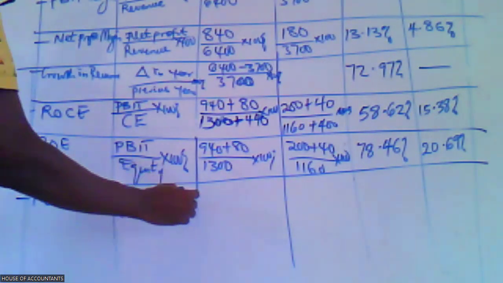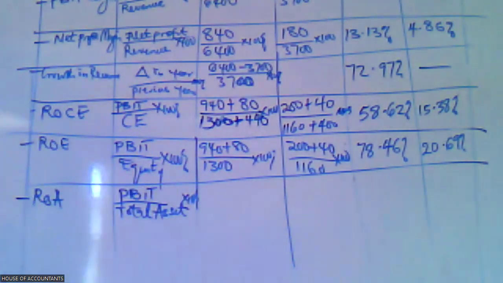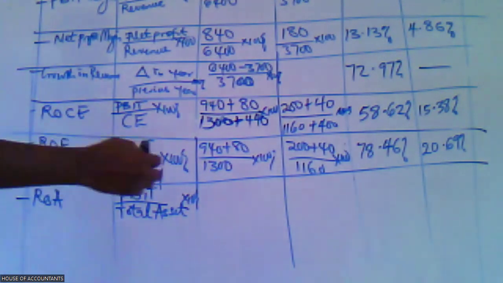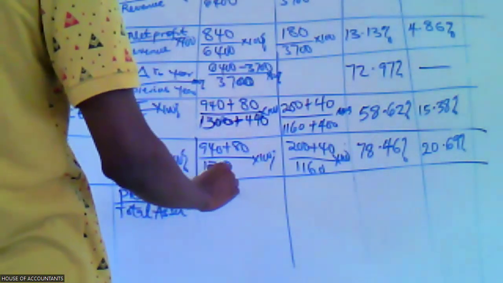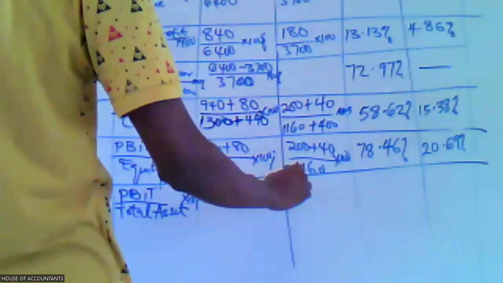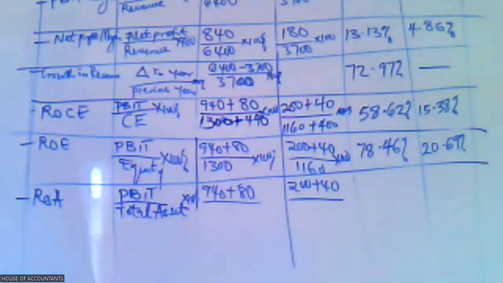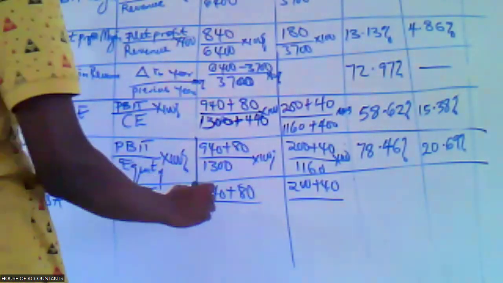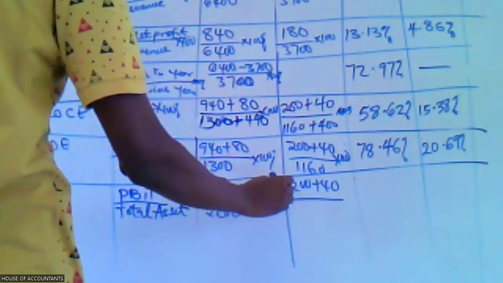So this one is talking about PBT over total assets. From that question, what's our PBT? We still have 940 plus 80 over what is our total assets? 22. Multiplied by 100%.